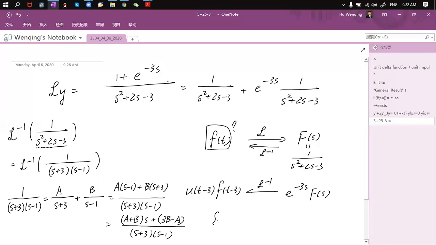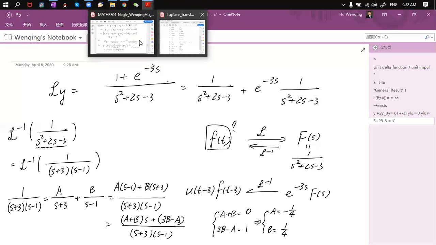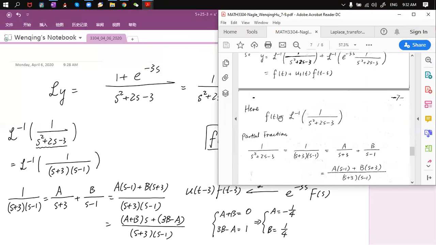So a plus b is equal to 0 and 3b minus a is equal to 1. Summing these two, b is equal to 1/4, and a is equal to minus 1/4. So that's the partial fraction decomposition.